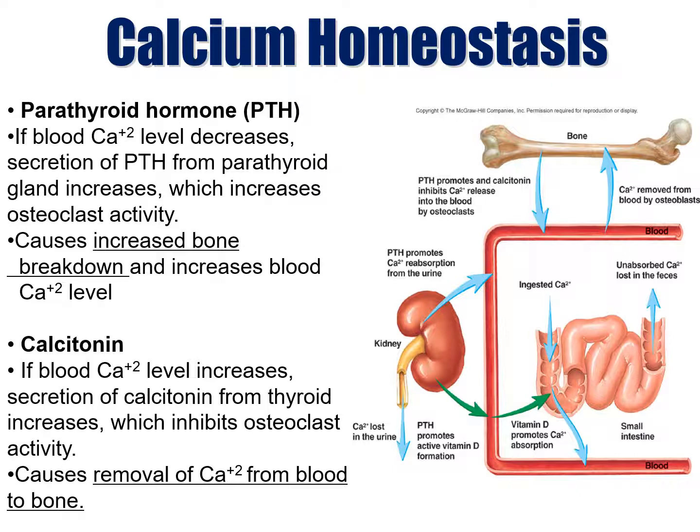That means it breaks down the bone matrix and releases calcium into blood. On the other hand, when the level of calcium is higher in blood, calcitonin hormone is secreted by the thyroid gland. Calcitonin inhibits or stops the working of osteoclasts. So osteoblasts become active and they create more bony matrix using the extra calcium.